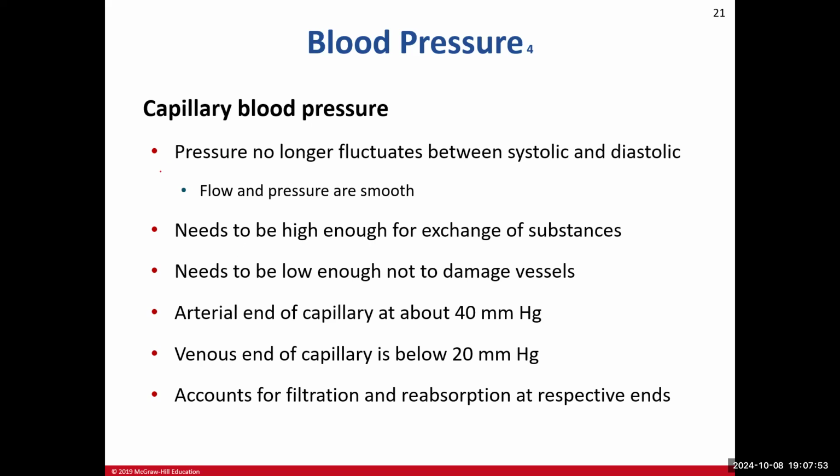Here's the problem. When we're in the capillaries, we need that pressure to be high enough so you can have filtration. So we can move stuff from the capillaries into the tissue. But it needs to be low enough as to not hurt the blood vessels. So that's why people with high blood pressure, we're so concerned about them.